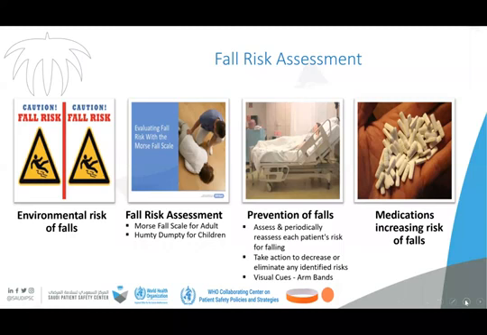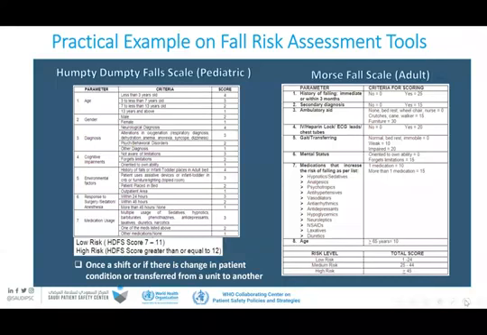These are the fall risk assessment tools utilized by most organizations: Morse Fall Scale adopted for adults, and Humpty Dumpty for pediatrics. The assessment should be done once every shift, or if there is a change in the patient's condition, for example, disturbed level of consciousness, or when transferring a patient from one unit to another. All these require risk assessment done repeatedly, again and again, to ensure that the safety of the patient is our priority.